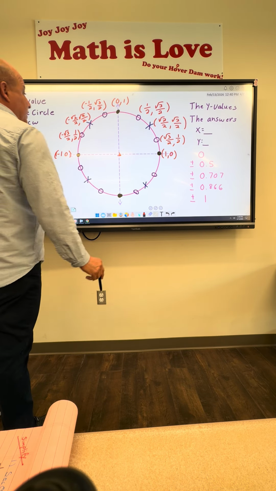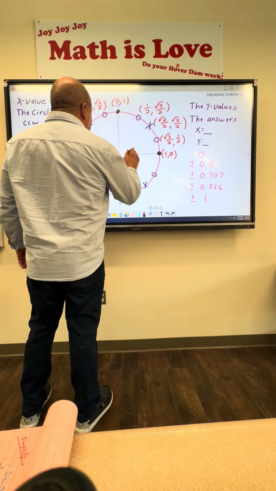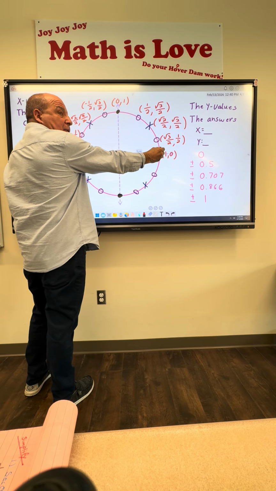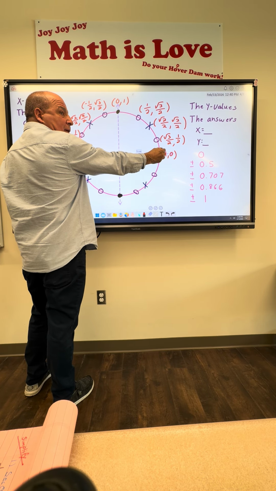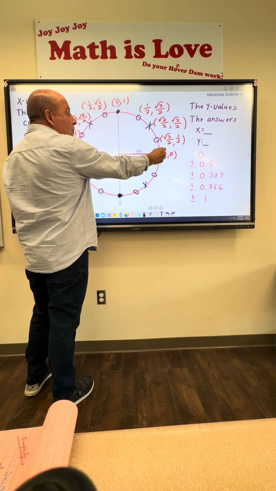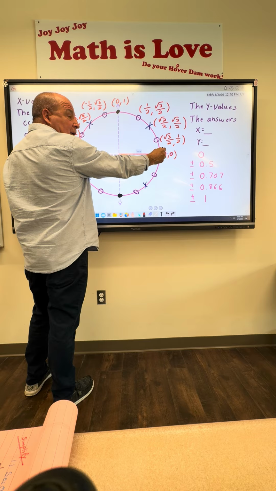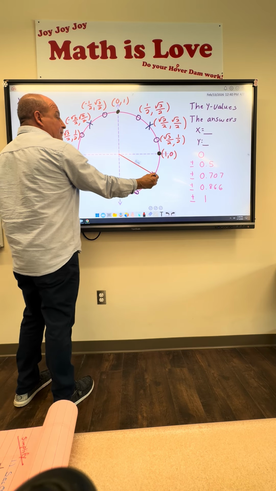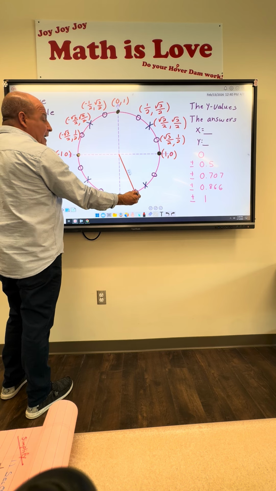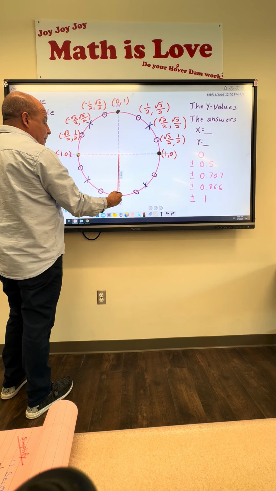If I go back to the unit circle, please put your pencil on the origin again. Now you move to your left. Every time I move, you move. Ready? Go. Just move to your left. You'll notice every slash mark is accounted for.